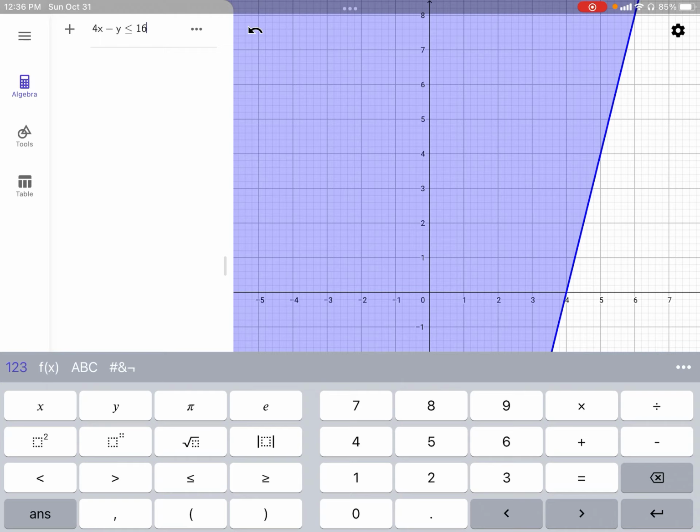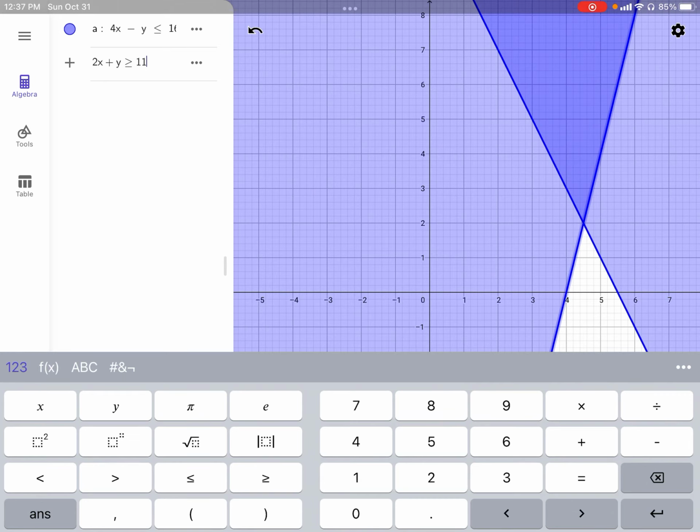I had this all typed up and I was just going to jump to it, but I wanted to show you the cool tools that we could graph and shade instantaneously like that. So it's pretty neat. Okay, there's the first constraint, 2x plus y is greater or equal to 11.